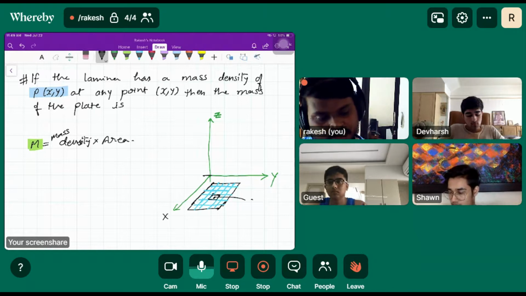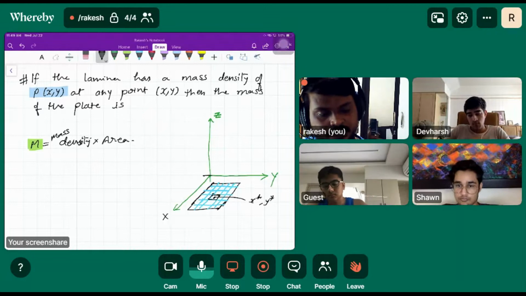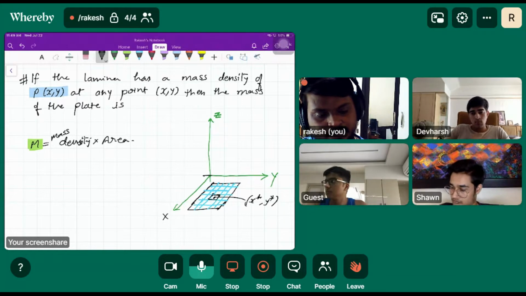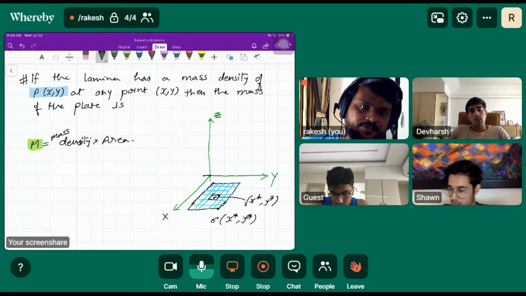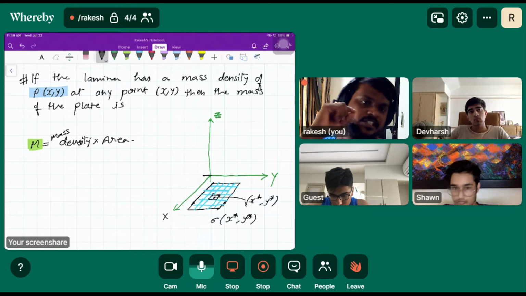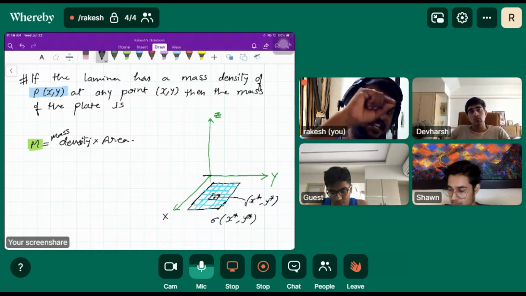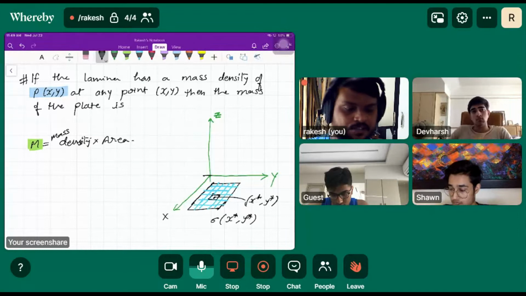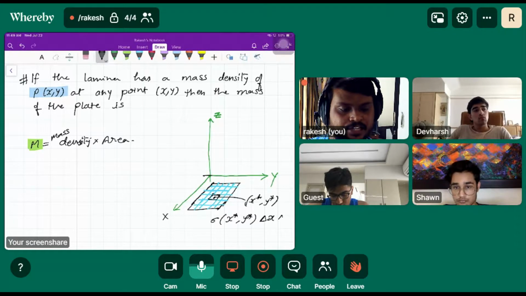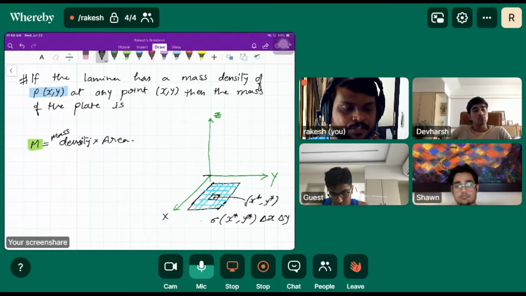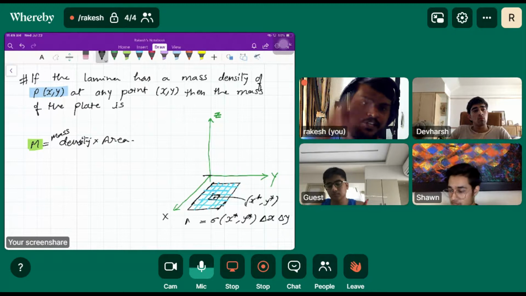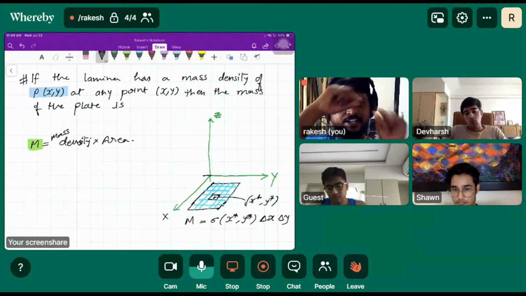So that arbitrary point is (x*, y*). If you apply that point in the mass density function, that will give you the mass. So the mass density function into the area of the rectangle. What is the area of the rectangle? Delta x into delta y will give you the mass of that particular small rectangle.